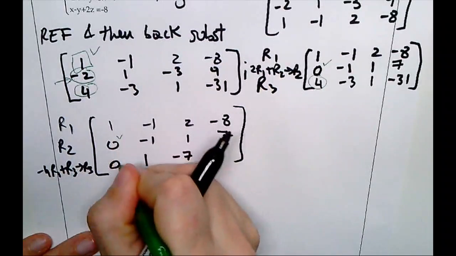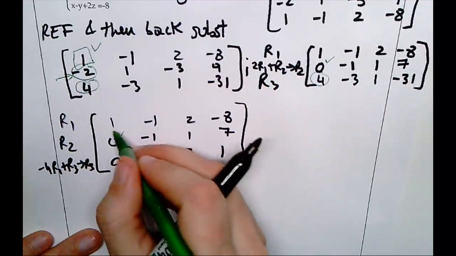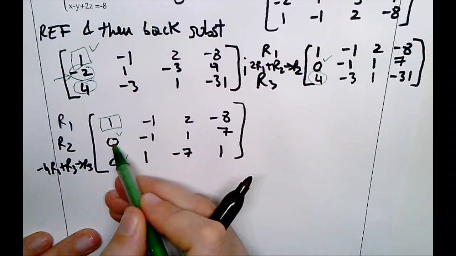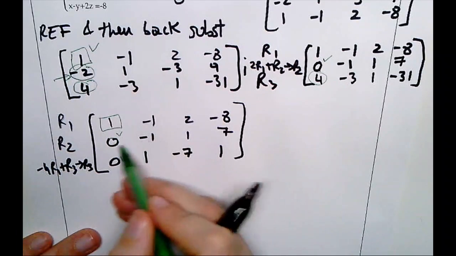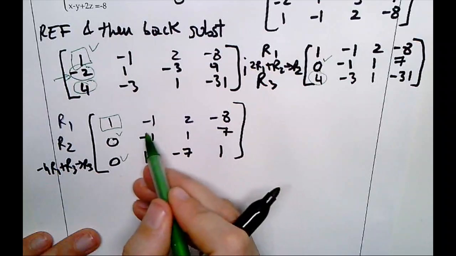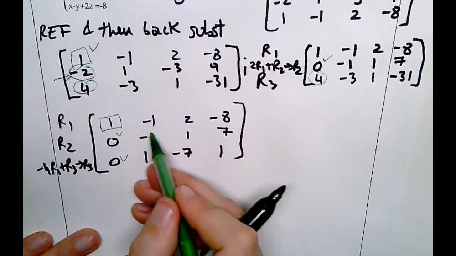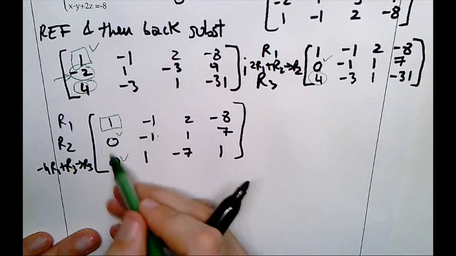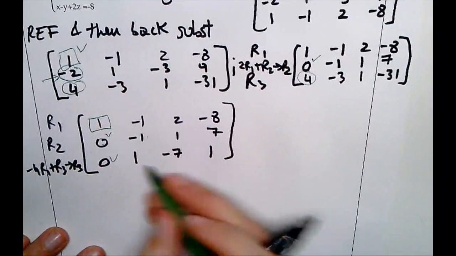Alright, so this is a 0, this is a 0, so we're moving on to the next leading entry. The first non-zero entry in row 2 is a -1. I can just multiply row 2 by -1, or I can swap row 2 and row 3, whichever you want.